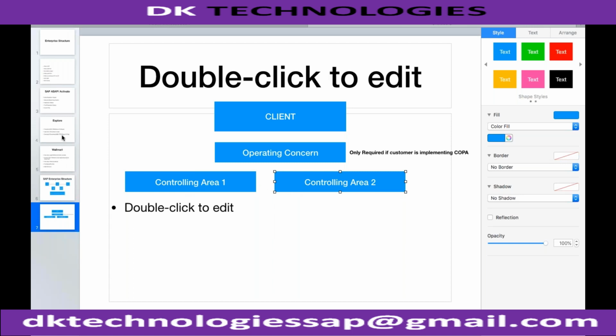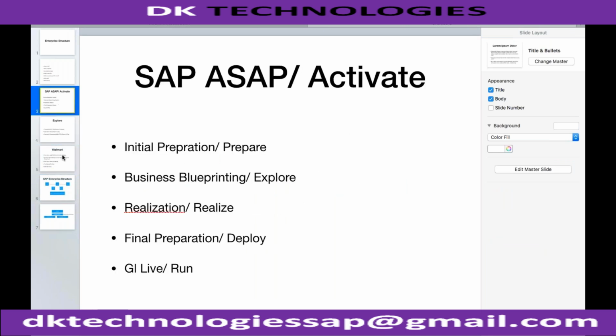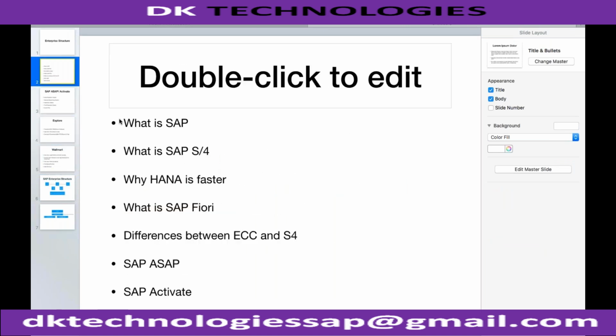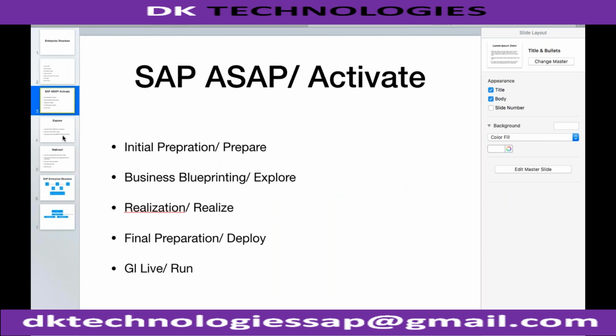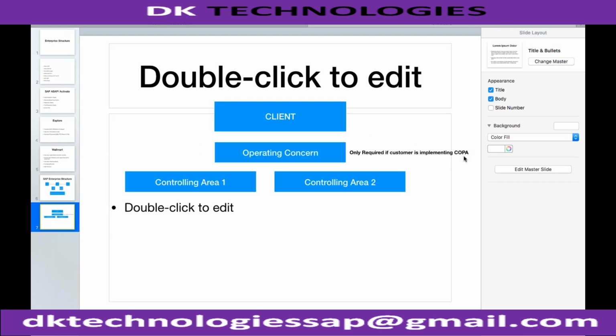So whatever we have written here, we have said that we will be using which modules? Where is that slide? This one. Yeah. So we have seen financials, but if you see, there is some part of CO. So even if you are not using detailed CO, for example, we said COPA. COPA is also part of CO. So even if we are not implementing COPA, the basic functionalities of controlling will be covered in the controlling area.